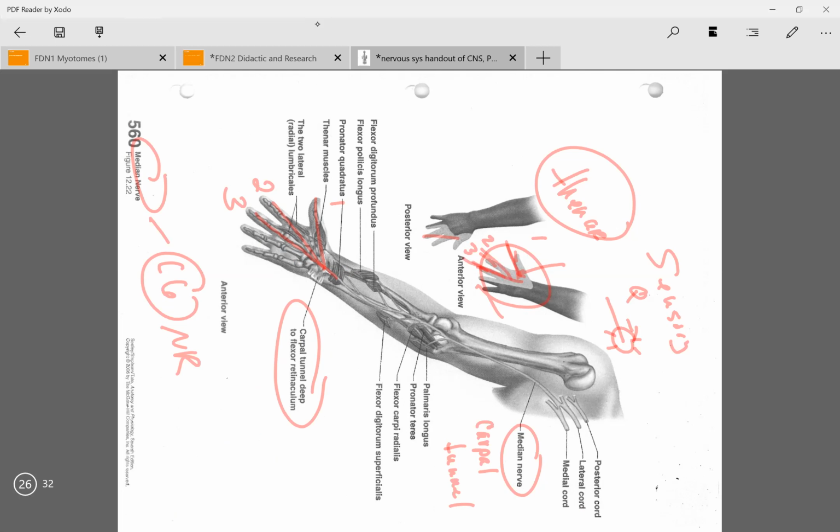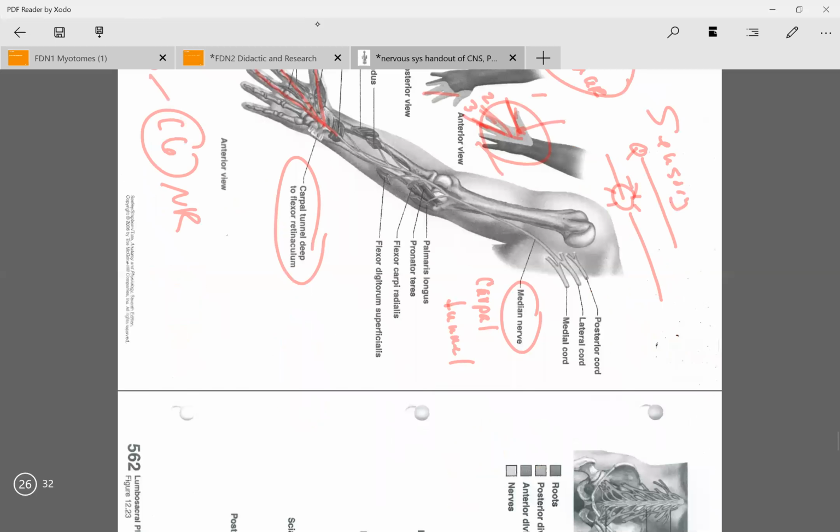So does this feel the same as this? You do the thumb, right and left, then digit 2, right and left, digit 3, right and left. And then you're going to do your pinwheel. So always test bilateral. If you use your Q-tip, that's tactile. If you use the pinwheel, that's pain and temperature.